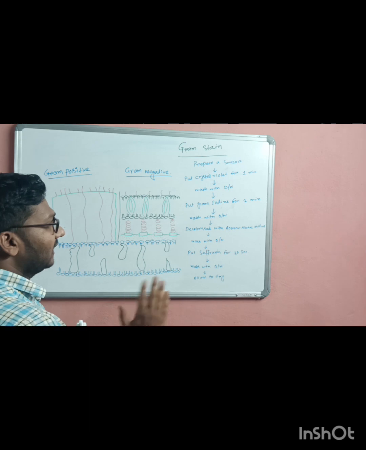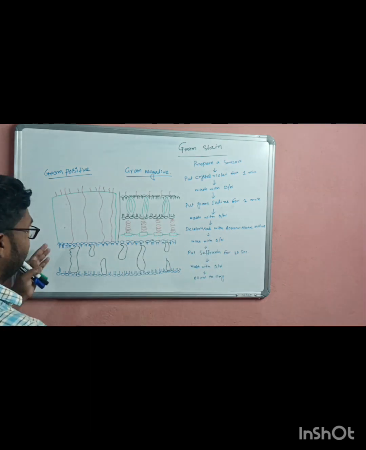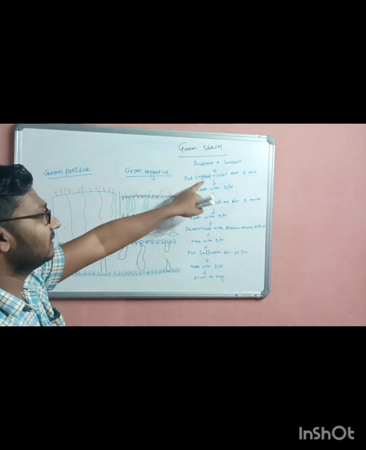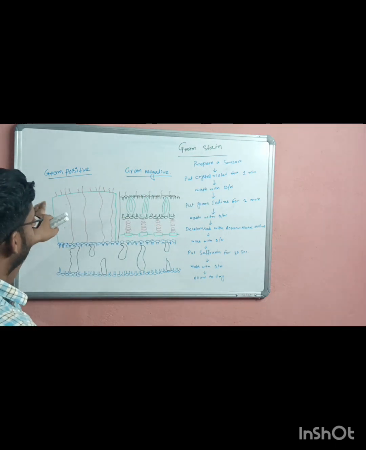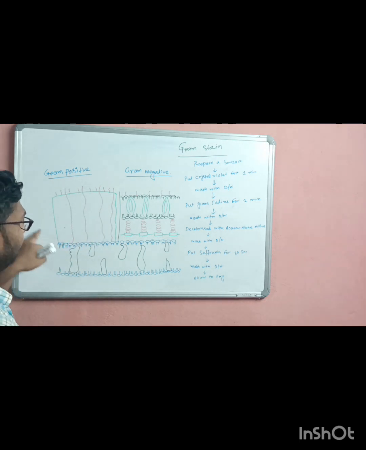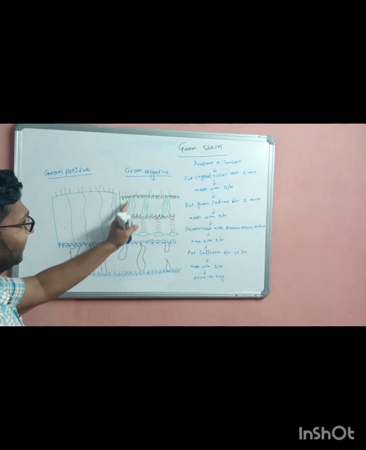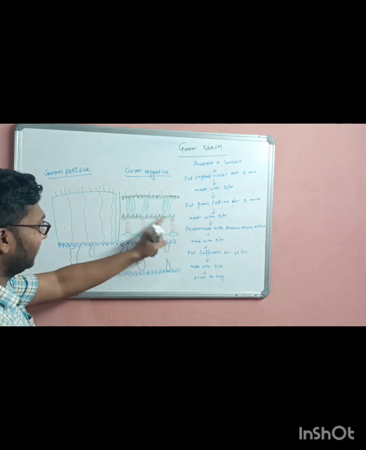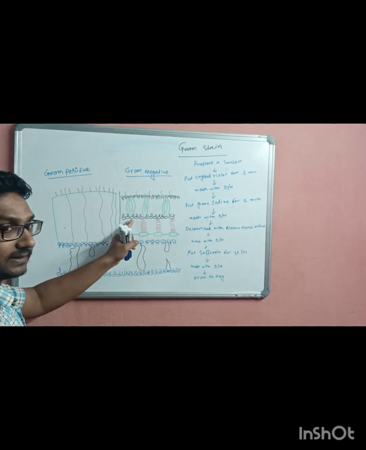So now comes to the picture. The gram positive bacterial cell wall is mainly made of the peptidoglycan layer, and there are many layers present.